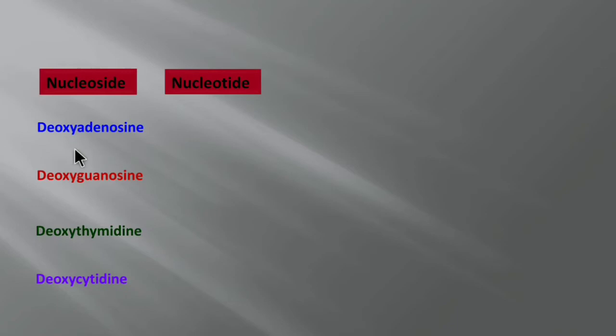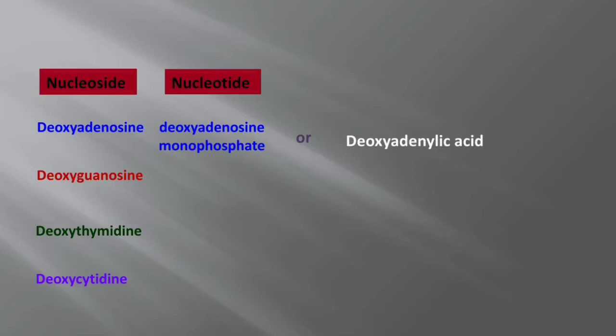Let us see. Deoxyadenosine combines with phosphate group to form deoxyadenosine monophosphate, or it is called deoxyadenylic acid.